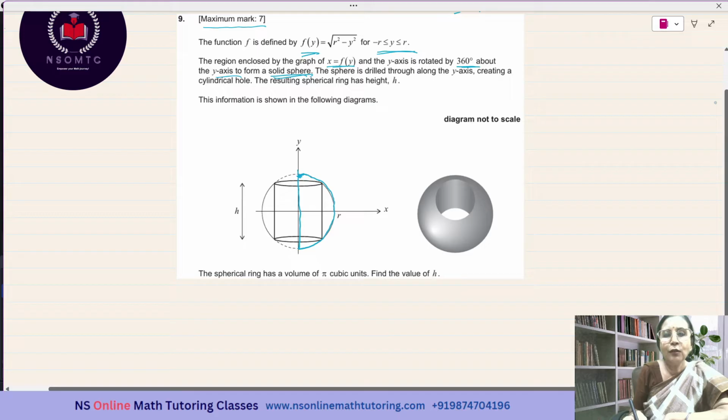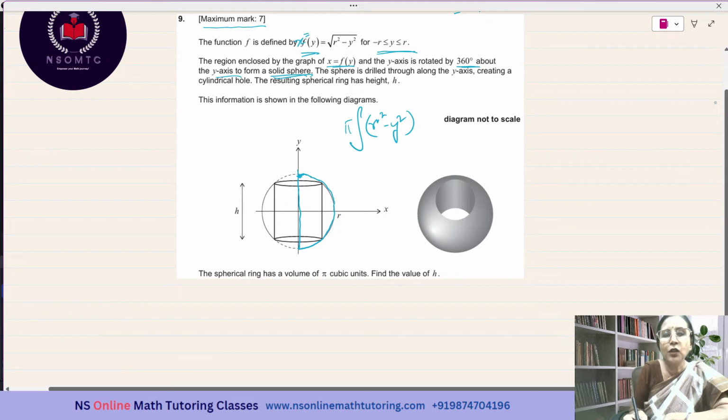If you just try to get the volume of this, it will be pi times x squared, so it will be r squared minus y squared, because x equal to square root of r squared minus y squared.